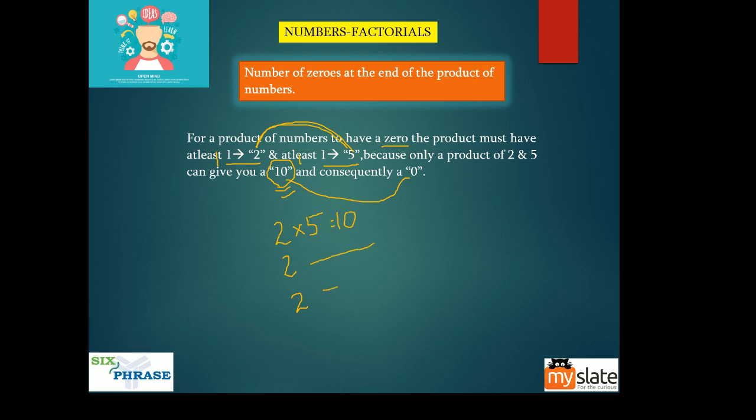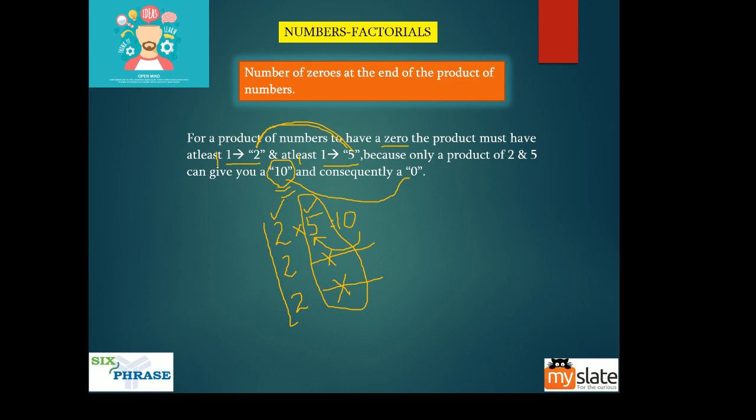Here you cannot form a 10 because there is no 5. So even though there are three 2s, the number of zeros depends on the number of fives alone. That is the case always. Mostly when you are given the product, the number of twos will always be greater than the number of fives. So in that case you just have to find the number of fives.